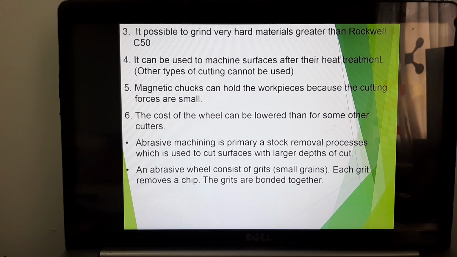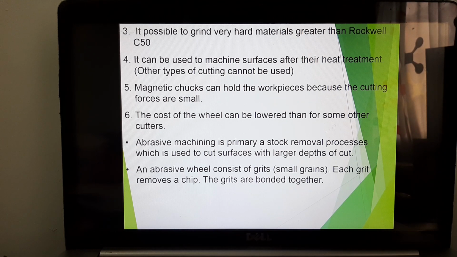Depending on the type of grinding wheel that you use, the most efficient grinding wheel available would be a diamond grinding wheel, like I had mentioned in the previous lecture. But normally people choose not to use it because of the cost involved. It can be used to machine surfaces after heat treatment. The cost of the wheel can be lower than for some other cutters.